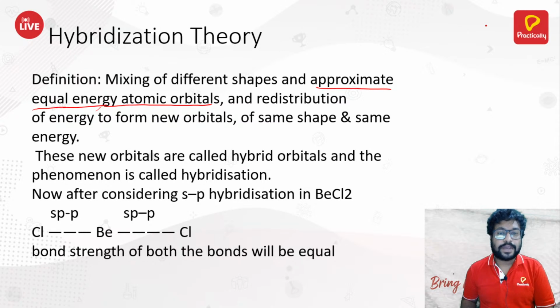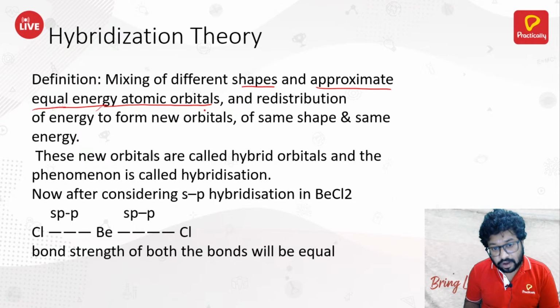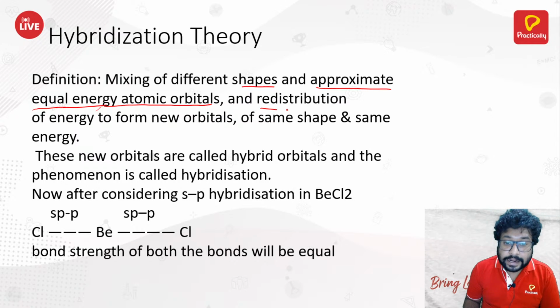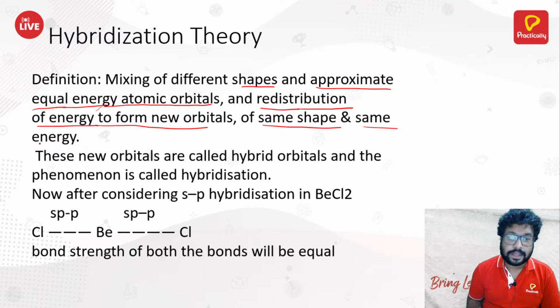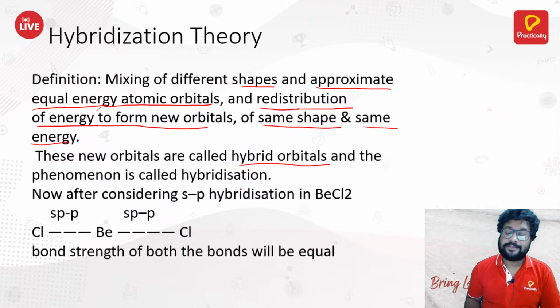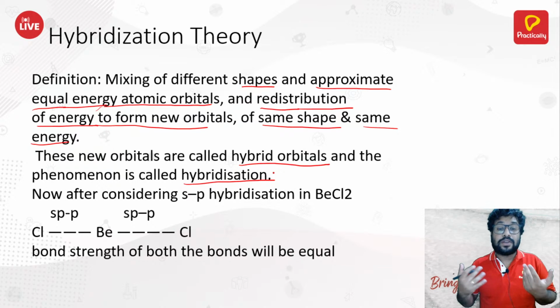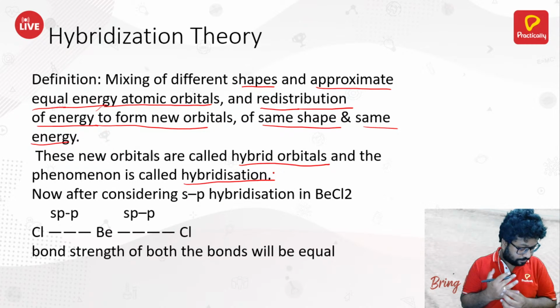So that is why I'm saying mixing of different shapes and approximately equal energy atomic orbitals, and the redistribution of energy to form new orbitals of the same shape and same energy. These new orbitals are called hybrid orbitals, and the phenomenon is called hybridization. That's how the hybridization theory came into existence.